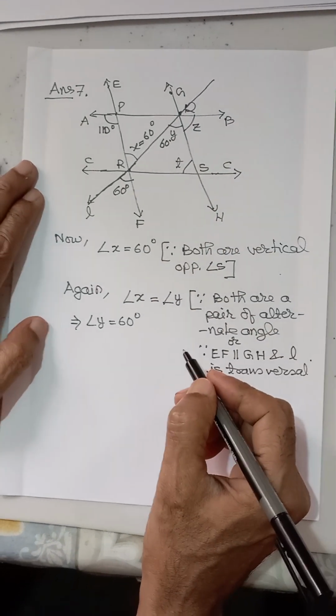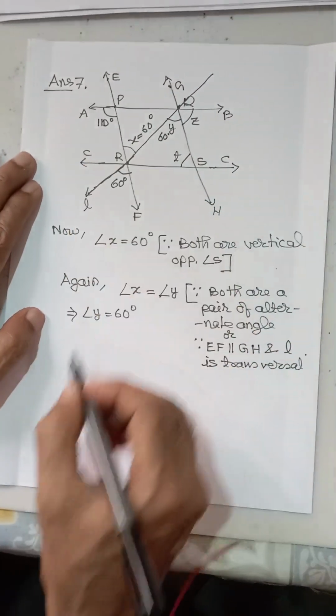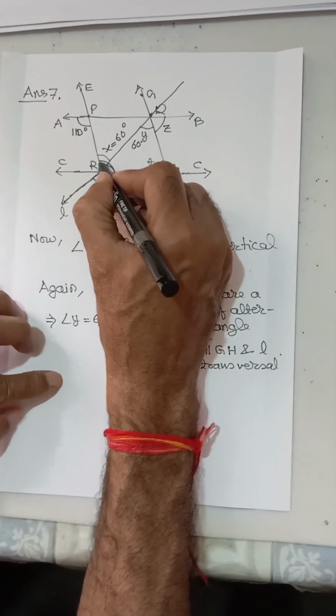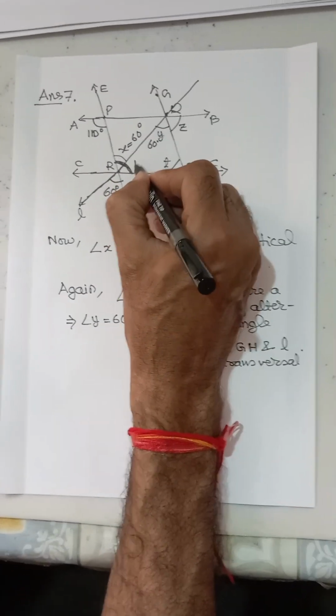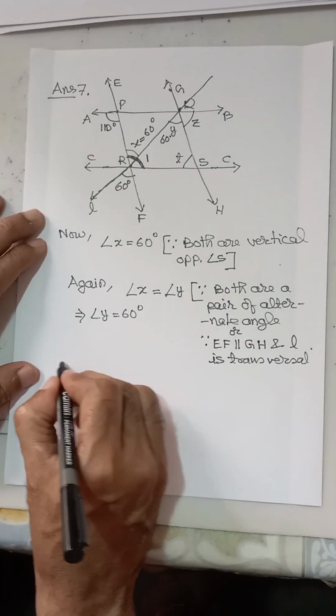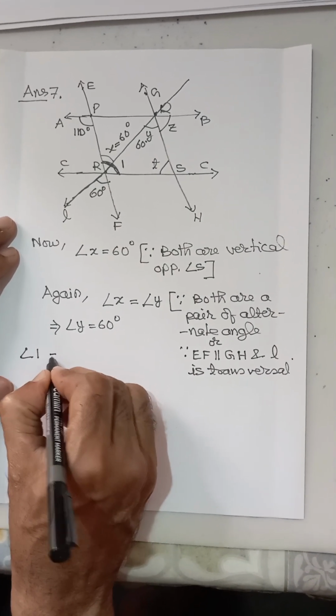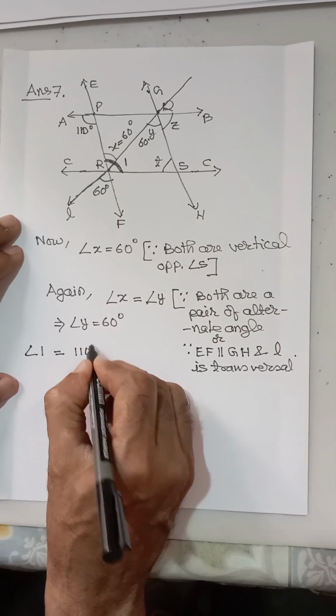Now let this whole angle be 1. Therefore angle 1 is equal to 110 degree.